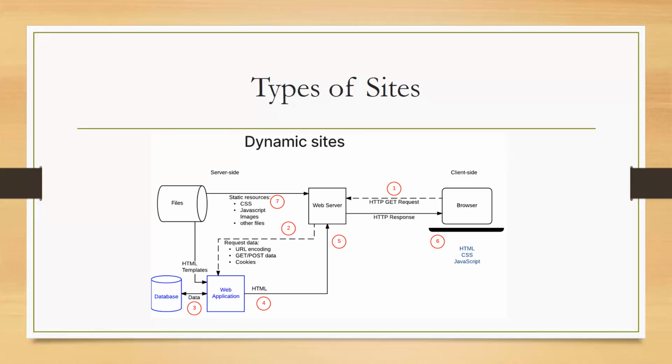So let's see. I guess I can go over what this means here. You get the first request, then the server gets it, then it sends it to the web application that handles it. So that's the backend. You don't get to see that. That's the server running code that determines what it's going to do based on the request, let's say if you click on a link.